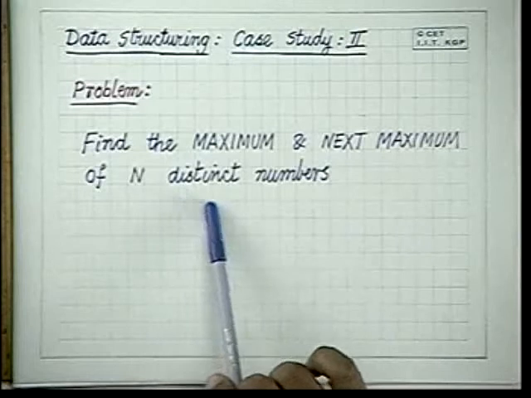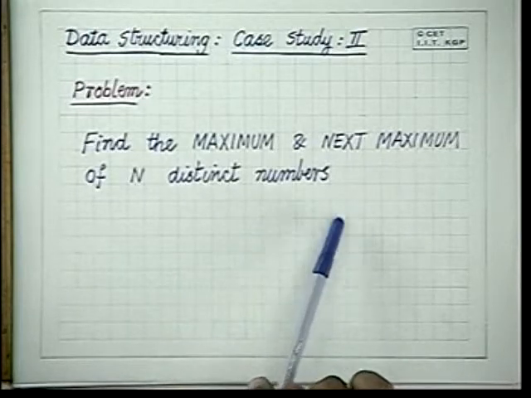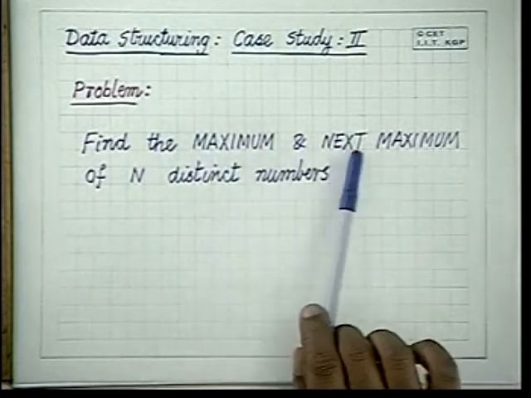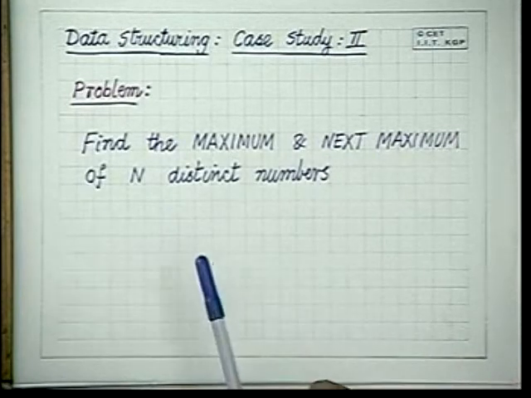We continue our study of data structuring, and we have seen the problem of solving the maximum and minimum of n numbers. Now we examine a second problem, a very similar problem, the problem of finding the maximum and the next maximum of n distinct numbers, that is the largest and the second largest of n distinct numbers.